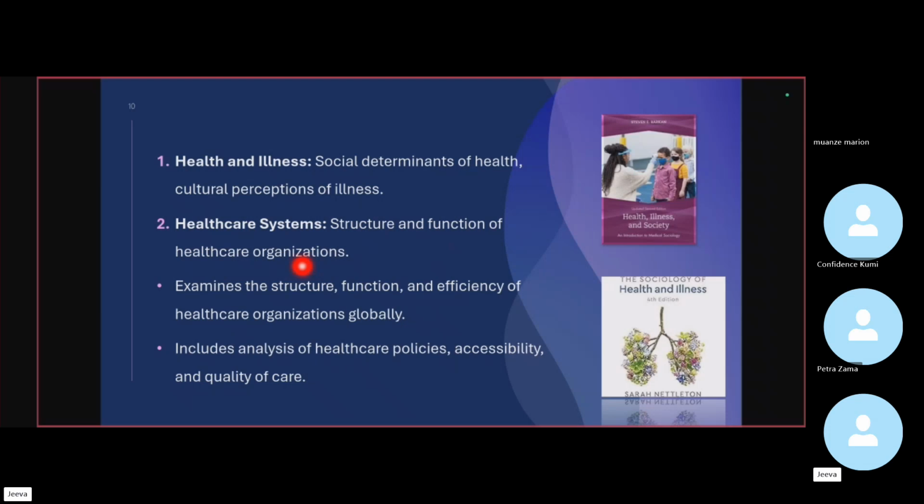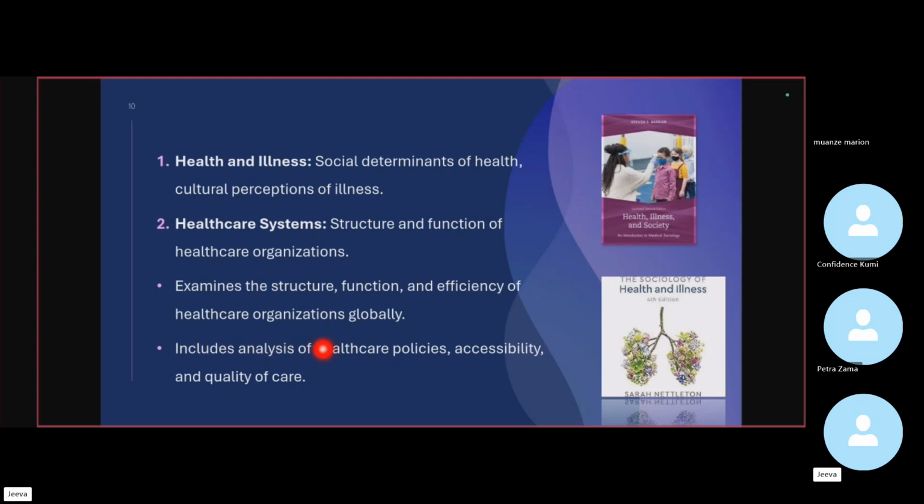Medical sociology will examine how the healthcare system is structured, in what way it is formed, and how it will function properly so that people get medical treatment properly, and how much efficiency the healthcare organization has globally. So this is what medical sociology will look after.